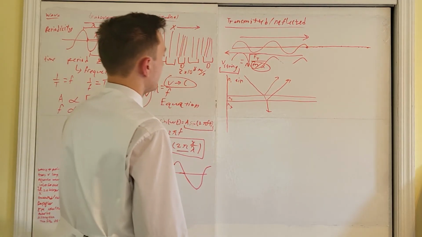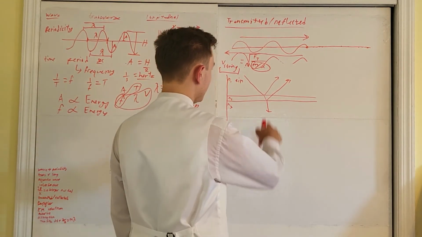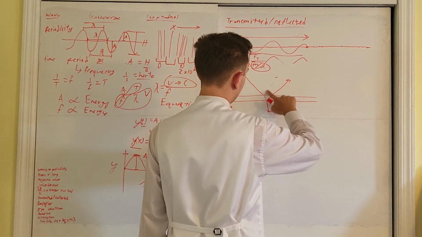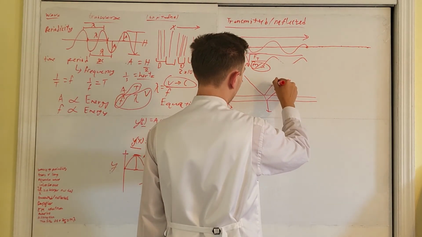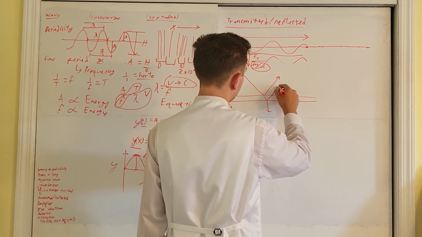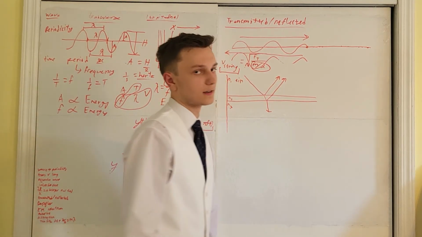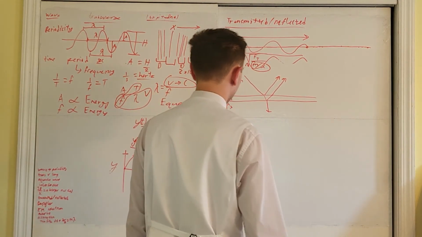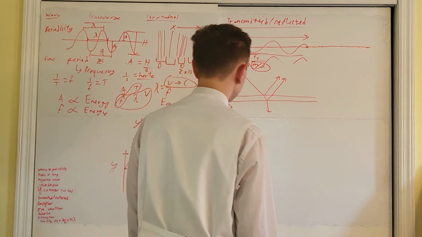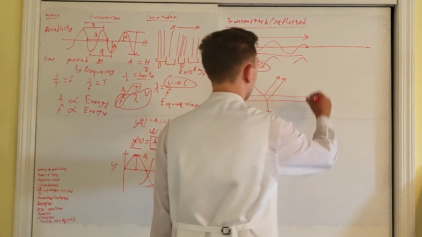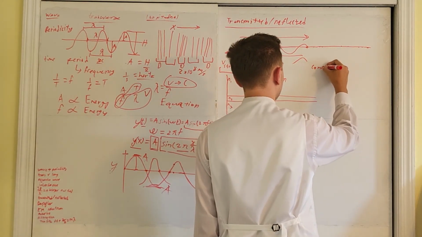So we have now created two waves that extend out of the medium, and since these are two waves traveling in the same direction, these are two waves that are going to interfere with each other. Thus, thin film interference. So, let's start with our conditions for constructive interference.